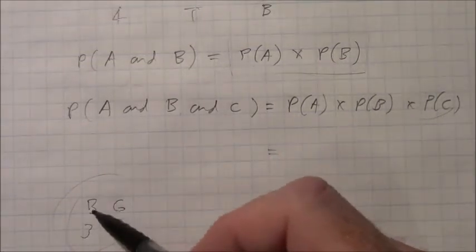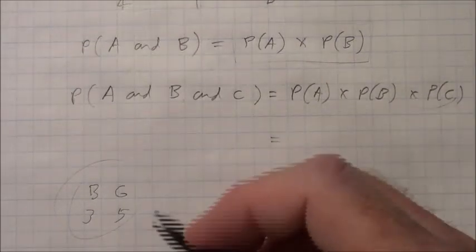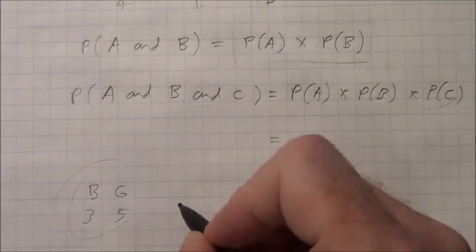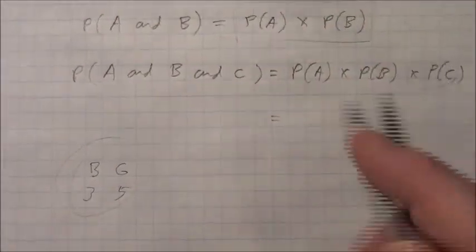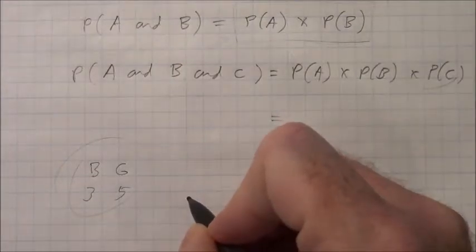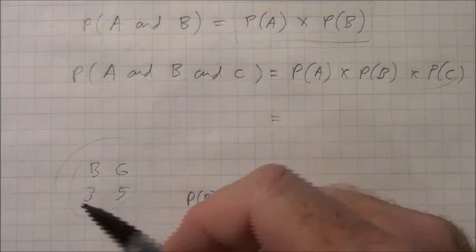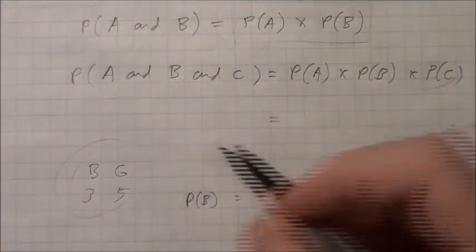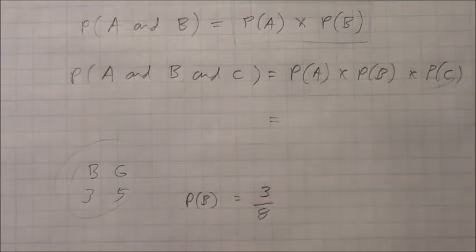The probability of pulling out a blue marble at the beginning, in a blind, random manner, would be 3 out of 8.